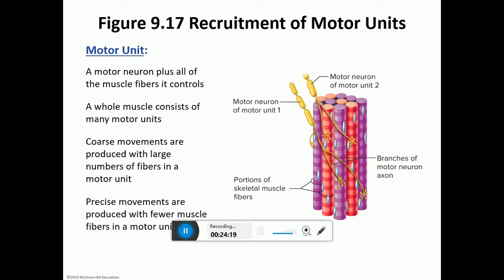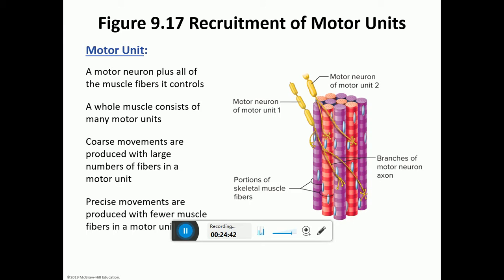And the bigger the muscle, the bigger the motor unit. So for example, your back muscles really have to be contracting pretty much all day, whether you're lying down, sitting, or standing, and you don't really need fine movements of the muscles of the back. So the motor units are huge.